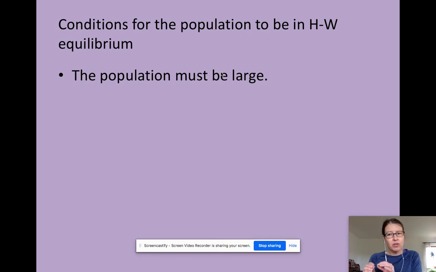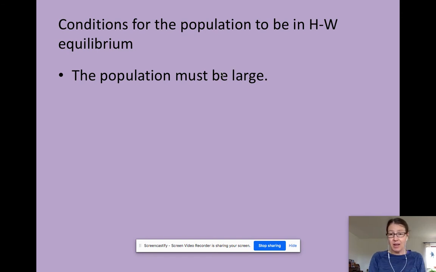And so after you did your simulation with just 25 and 25, you might have gotten maybe 47 and 53. But when we looked at all the class data together, so a much larger population, it was much closer to 50-50 for that second generation.